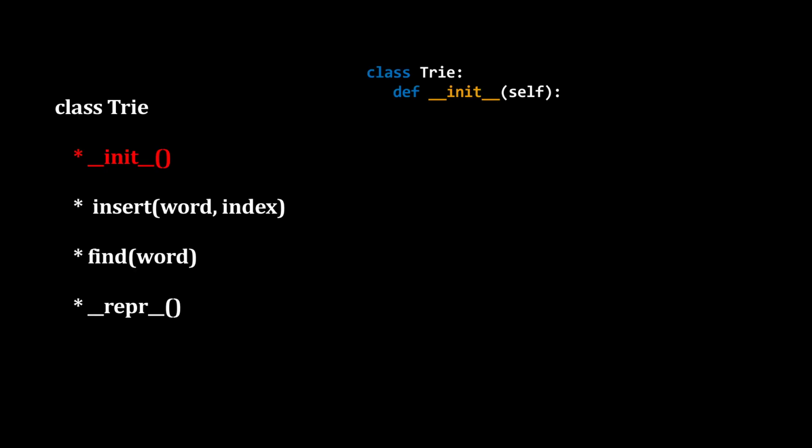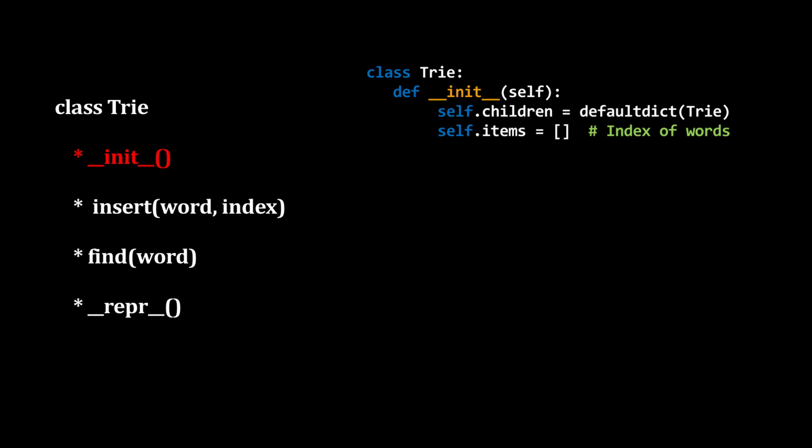The basic trie node uses a dictionary or hash map to store its children. For this question, we will add items, which for now is just an index of words from wordsContainer. The idea is, as we insert a word into the trie, we add the index of the word to every node it passes through. Storing the index saves us space compared to storing the full actual words.